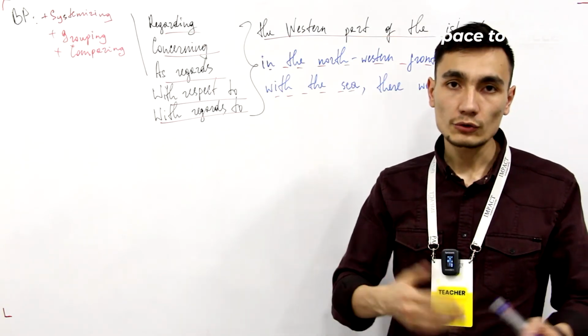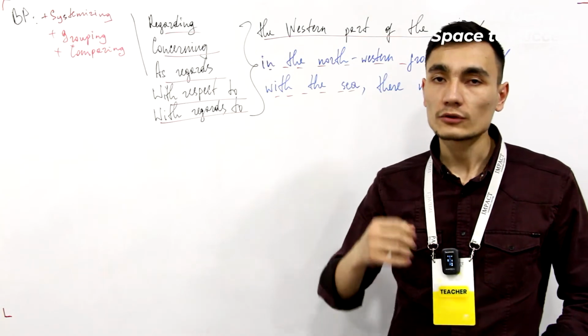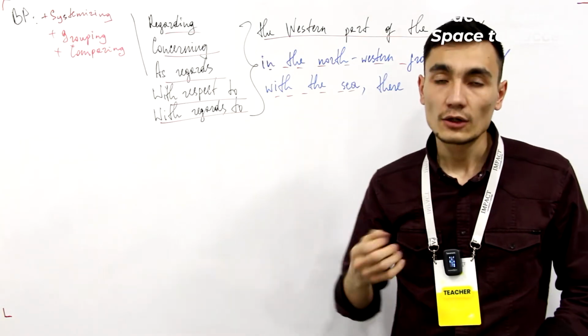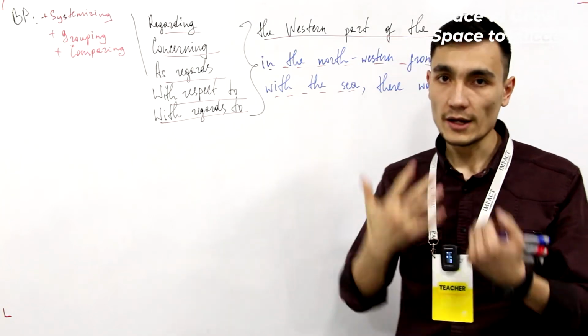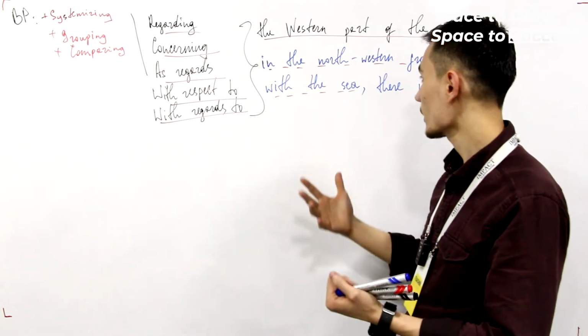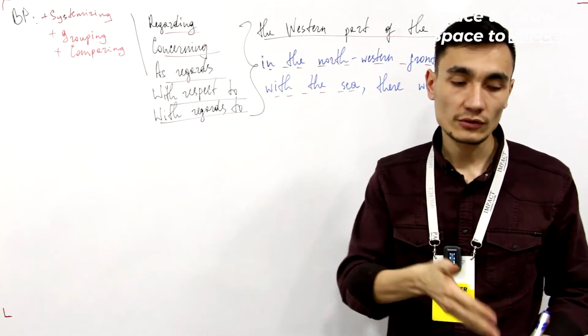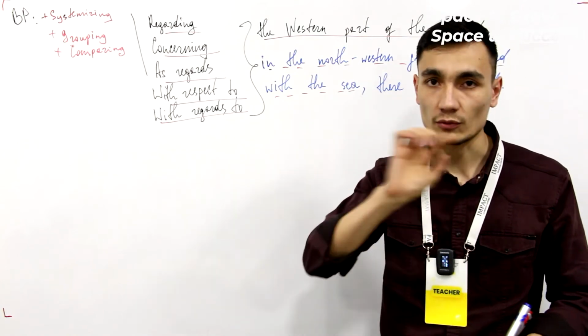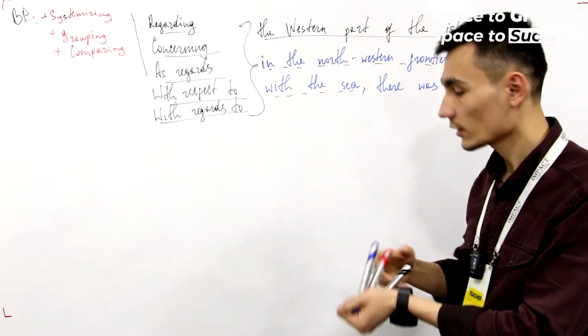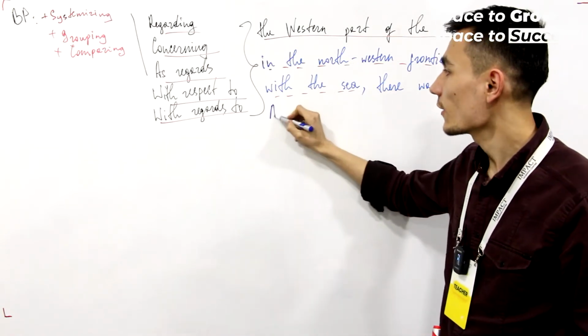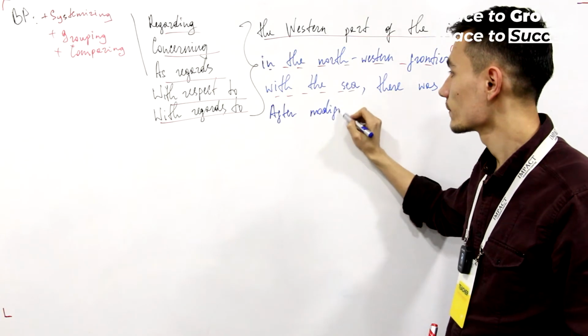But how do you continue? After giving this, you have to give the current situation of the area, what is happening here currently. As you see, it's written swimming permitted, right? So we just have to write it.